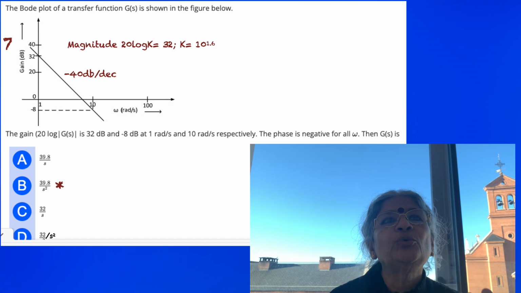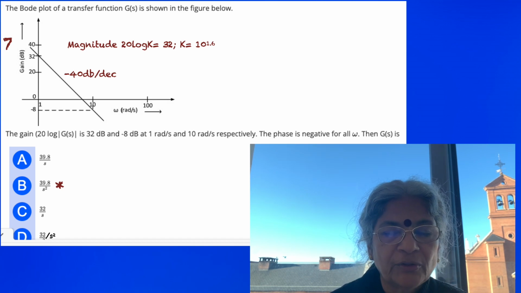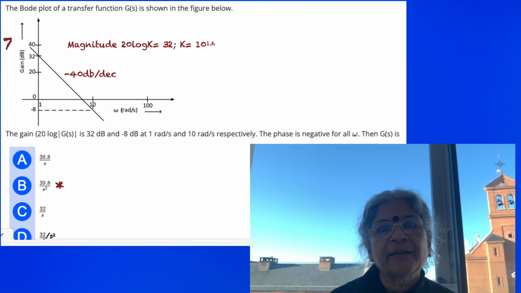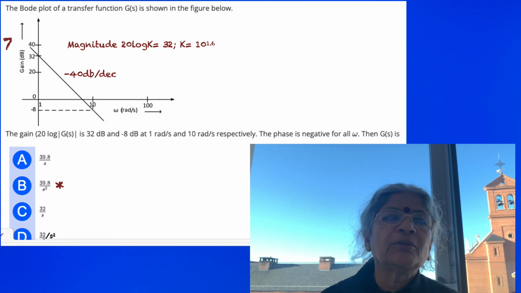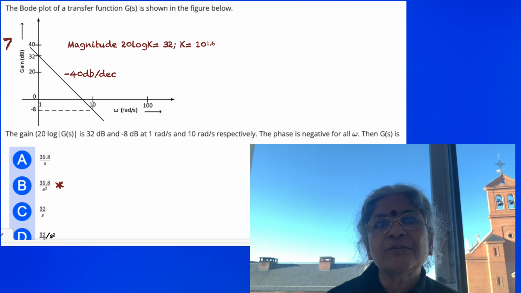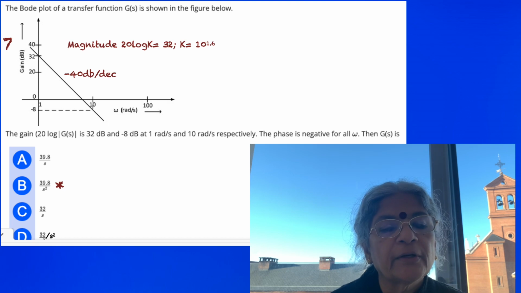Even the 2 does not matter, because log 1 is equal to 0. So 20 log k is equal to 32. This is the same pattern that we have been using all along. If you have the decibel value at any point, at any frequency, you can use that, so long as the initial slope is maintained. So log k is equal to 32 by 20, or k is equal to 10 raised to 1.6.